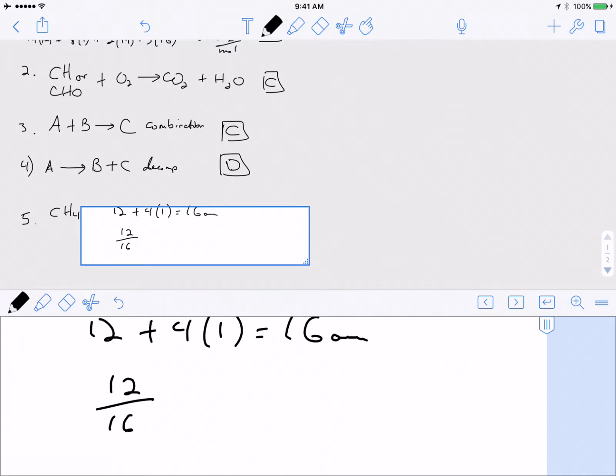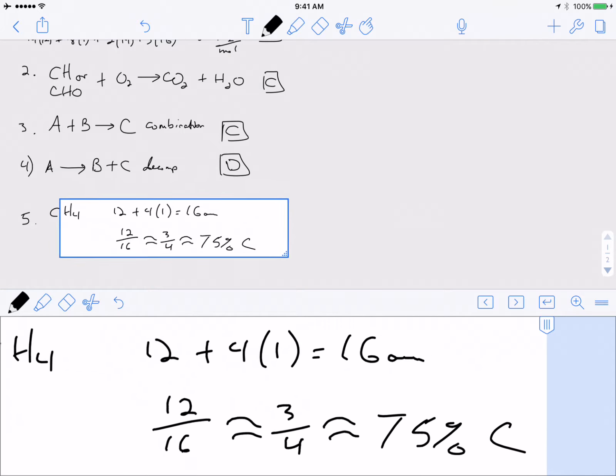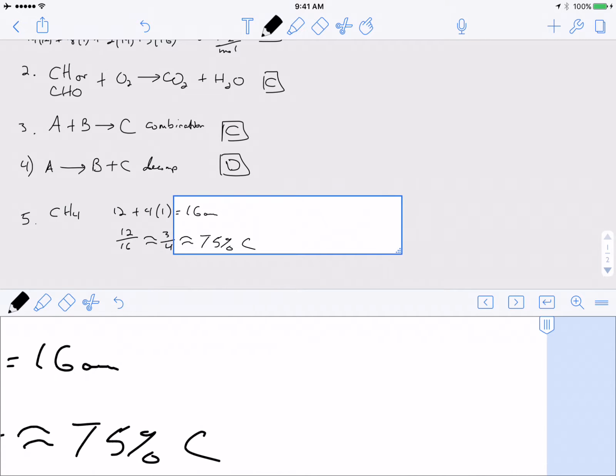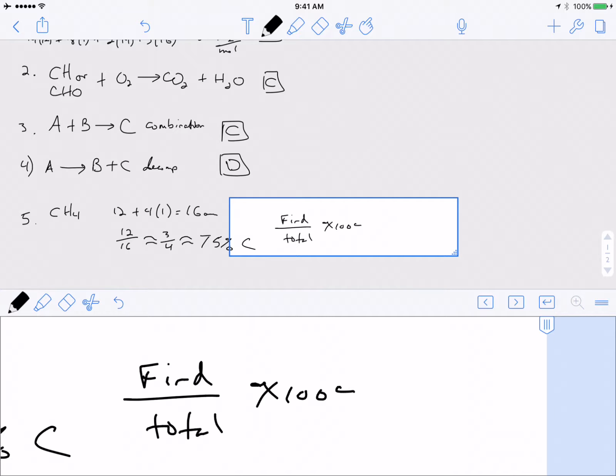That's about 3/4 when we reduce, which is about 75% carbon in methane. And that's pretty much how we do mass percents. We do what we're looking for over the total in mass, and we multiply that times 100%.